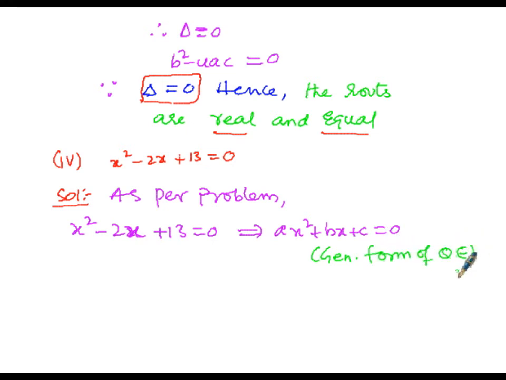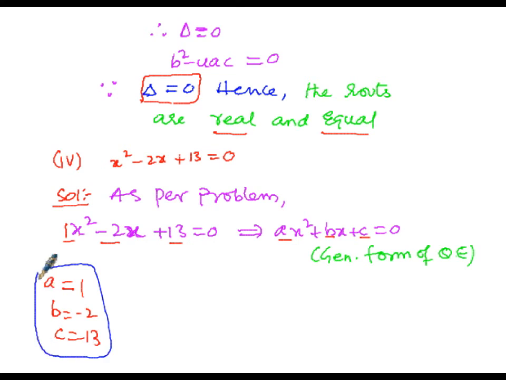By comparing, the x square coefficient is a, and the x square coefficient is 1. The x coefficient is b, and the x coefficient is minus 2, and the c value is 13. But delta, that is the discriminant, is given by b square minus 4ac.